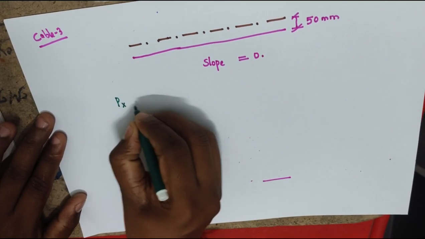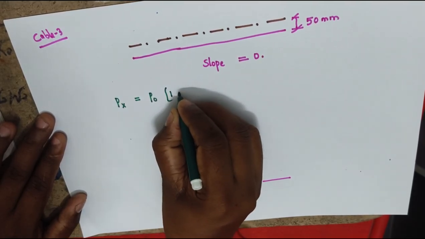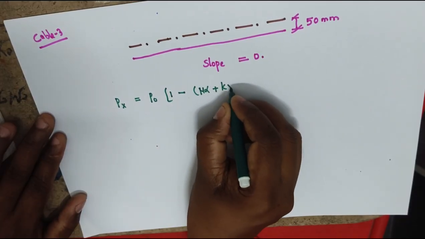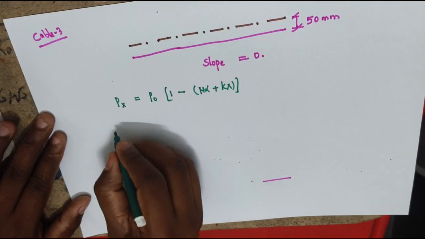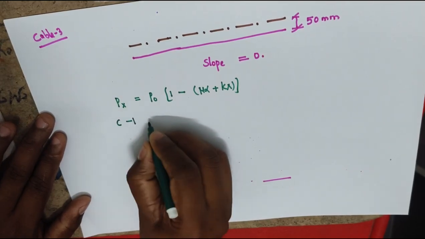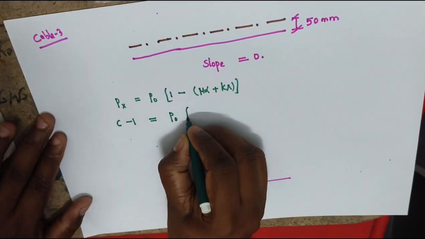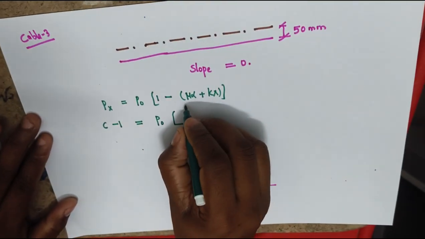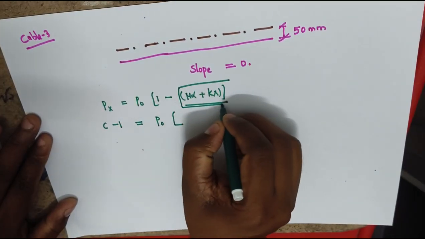Now, the equation is Px is equal to P0 into (1 minus e to the power of minus (mu alpha plus Kx)). Right? This term will give the loss.